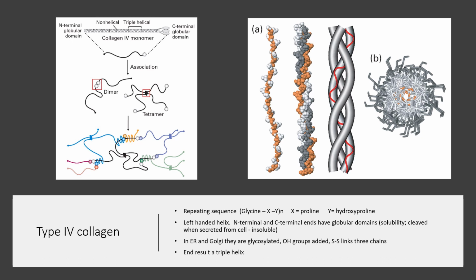The resulting linear insoluble molecules assemble into collagen fibers. Further, they assemble into a staggered pattern that gives rise to the striations seen in the electron micrograph. Further, type 4 collagens are an exception. They form a meshwork rather than striated fibers.